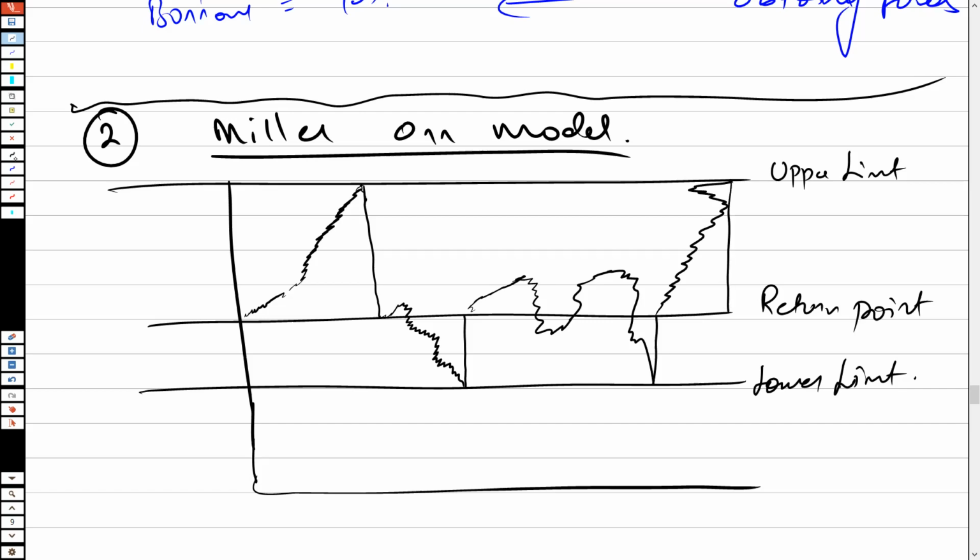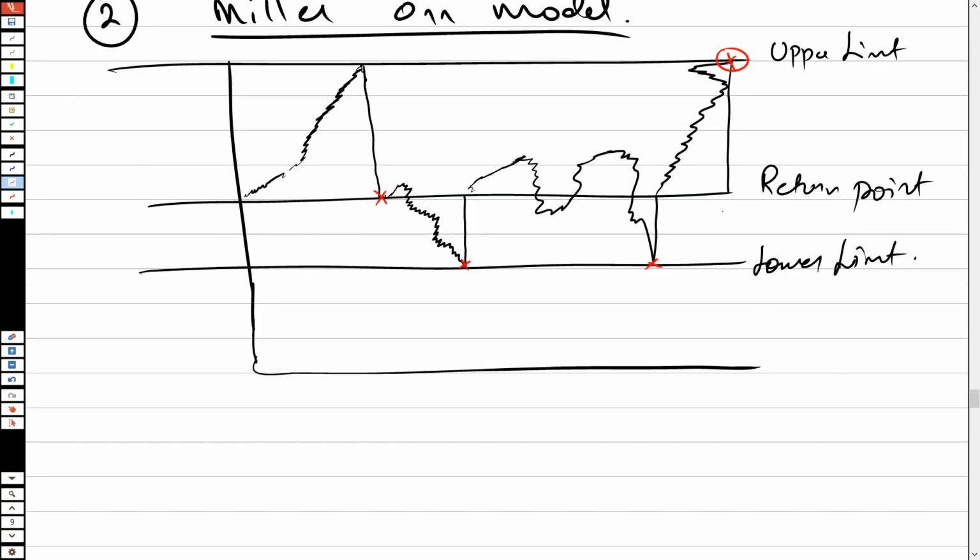So this is one action, this is another action, this is another action. What actually happens is that the cash balance keeps on fluctuating.